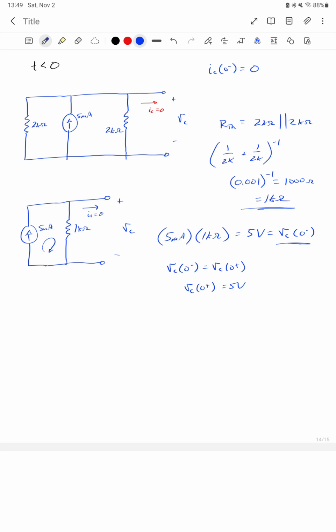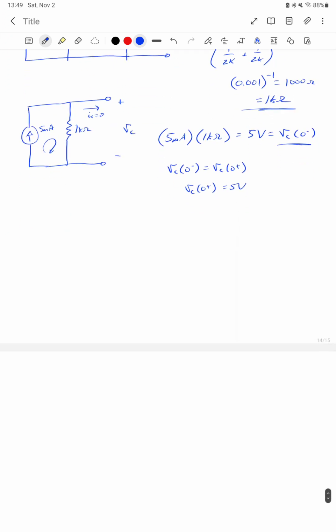Okay, so now that we have the value that we needed for time t is less than 0, let's move on and redraw this circuit in an applicable way for time t is greater than 0, t is 0 plus. This is where we're going to draw the circuit at first, and then I'm going to write out these steps.